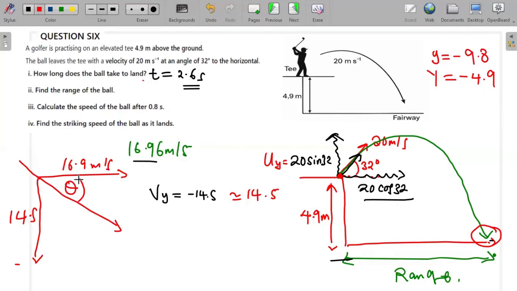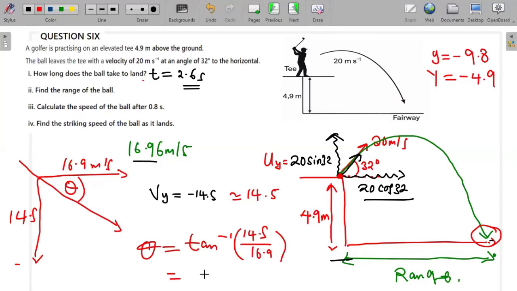I just use the simple formula from the tan. So I'm going to say my angle, which is this theta, is just going to be equal to tan inverse of the final speed in the y, so that would be 14.5, divided by the final speed in the x, 16.9.